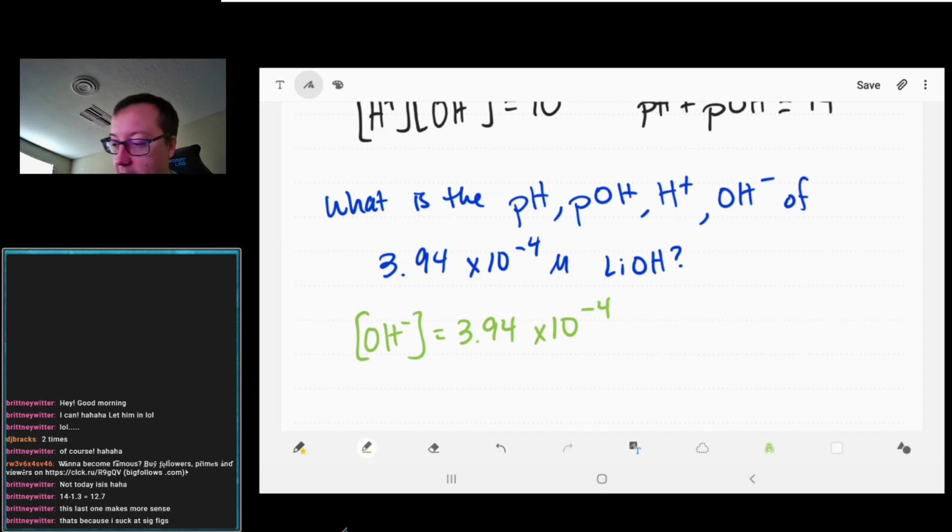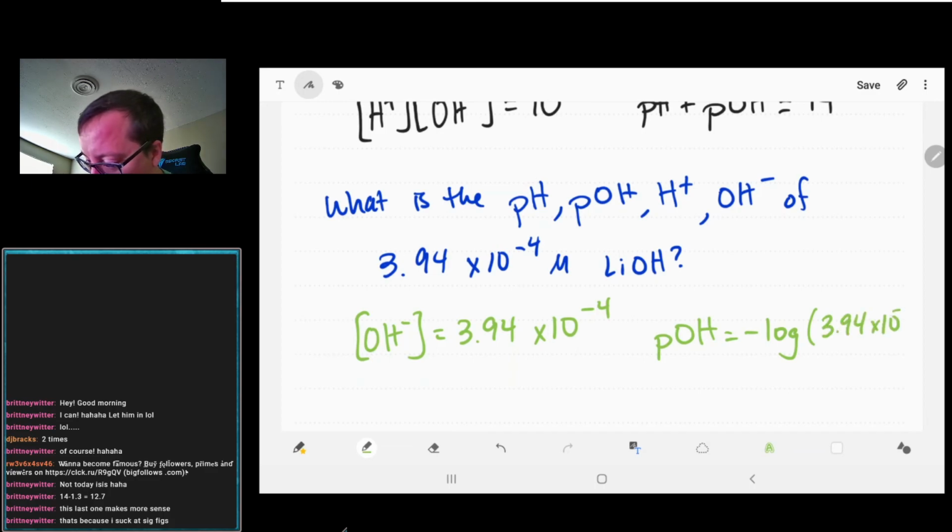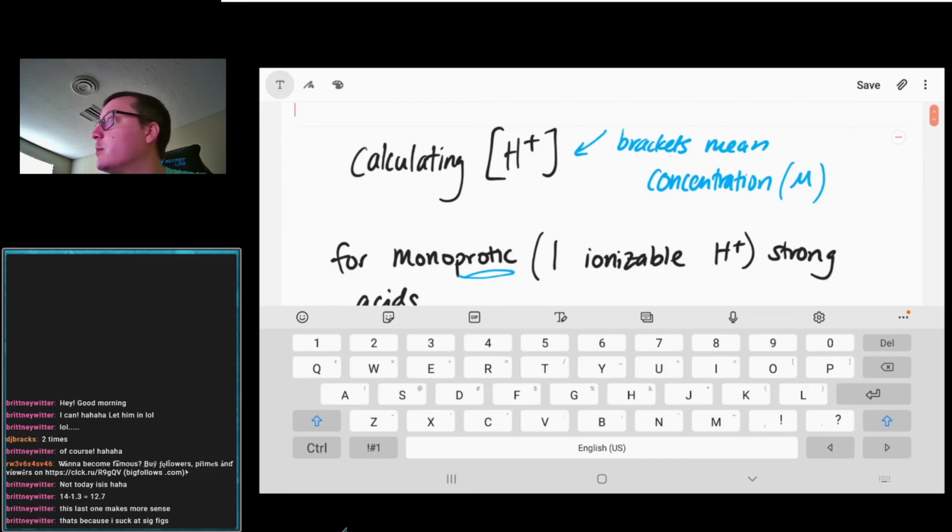So I'm going to choose to do pOH next because I want to. Doesn't matter. And so let's go ahead and do that. Negative log 3.94. Oops. Again with this?